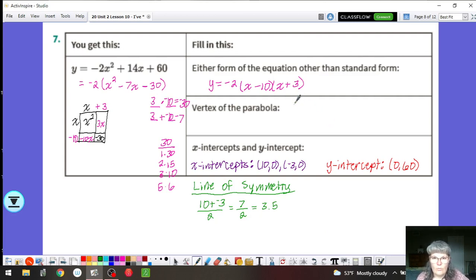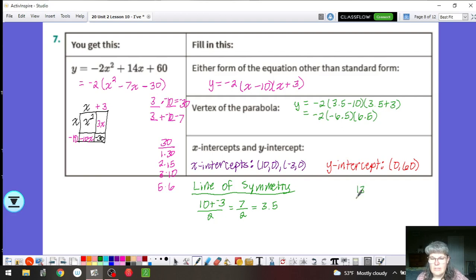So we're going to have y equals -2 times (3.5 minus 10) times (3.5 plus 3). So that's going to be -2 times -6.5 times 6.5. Well, I know 2 times -6.5 is 13.